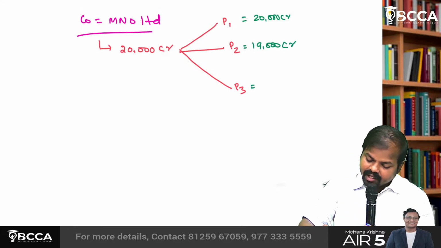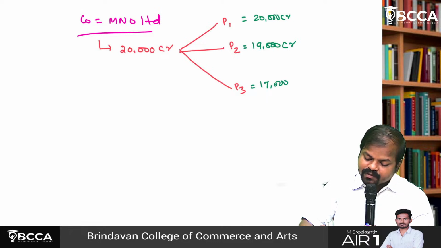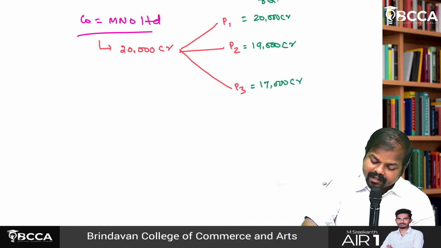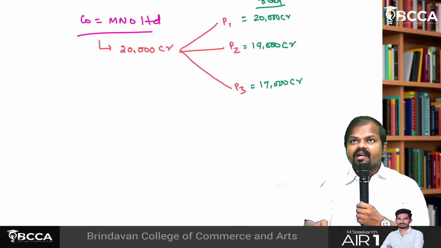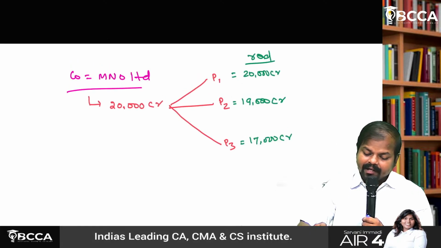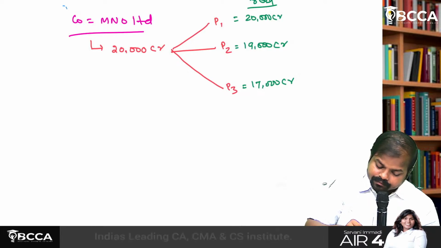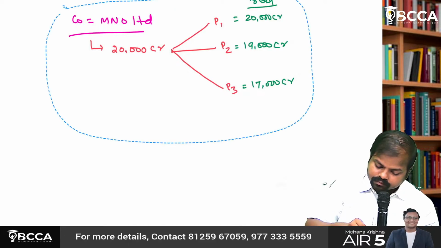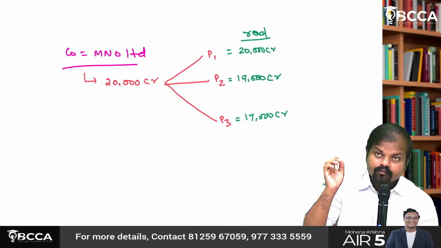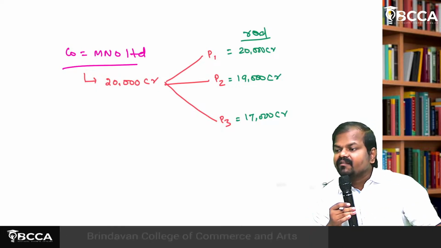Project number 3, 17,000 crores investment required. This is the investment requirement. Clear, my dear friend?